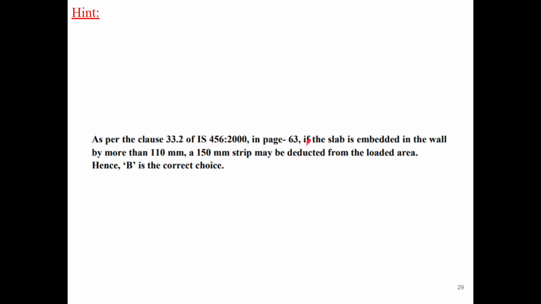As per this clause, if the slab is embedded in the wall by more than 110 millimeter, then we can deduct a 150 millimeter strip from the loaded area, because that will be taken by the wall itself.